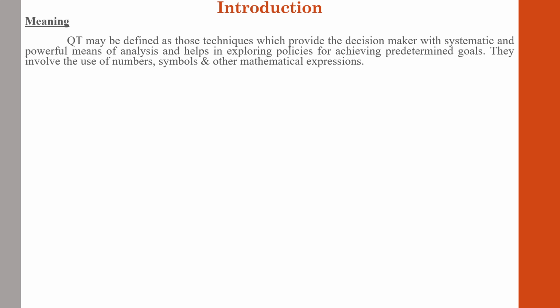So the quantitative techniques help in the decision making process in business and industry and other fields, and they involve the use of numbers, symbols, and other mathematical expressions. So quantitative techniques can be described as objective in character.